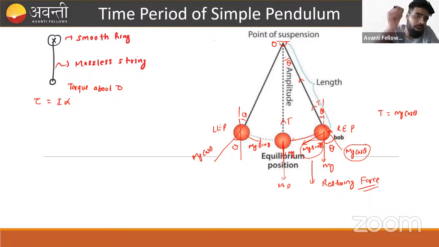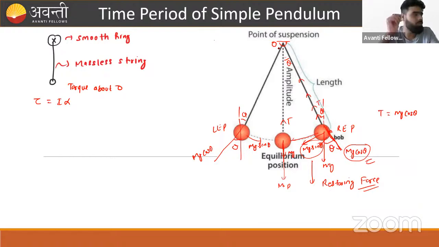Because the force passes through the point of suspension, the distance of the force from the point of suspension will become 0. That's why the torque due to tension about the point of suspension will become 0. I hope this is clear. What about mg cos theta, beta? The line of action of mg cos theta is also passing through point O.